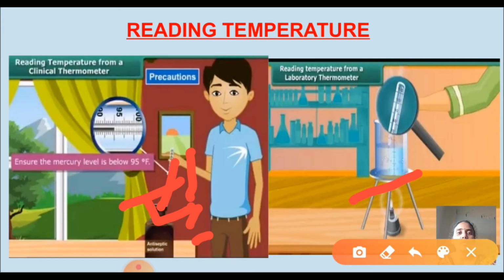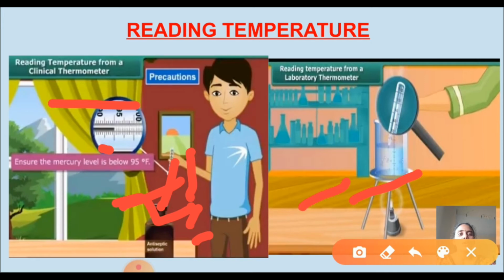Ensure the mercury level is below 95 degrees Fahrenheit, and read the temperature keeping the level of mercury along the straight line, and handle the thermometer carefully. These are the precautions for reading temperature from a clinical thermometer.